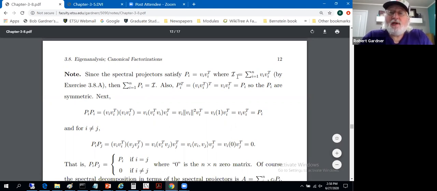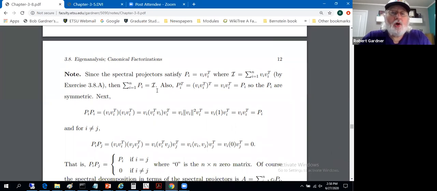We can write an identity matrix as a sum of those spectral projectors, as we just saw. So we get this relationship here: the sum of spectral projectors equals I. All this came out of initially a symmetric matrix, right? That was the setting to get this kind of behavior, writing the identity matrix as a sum of these things.